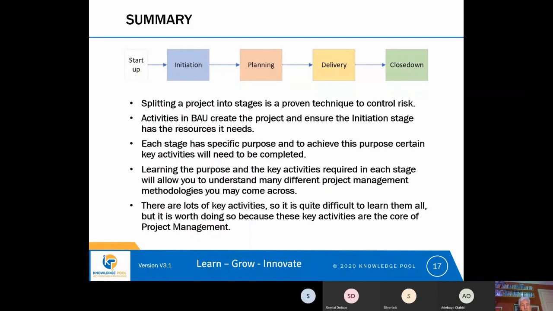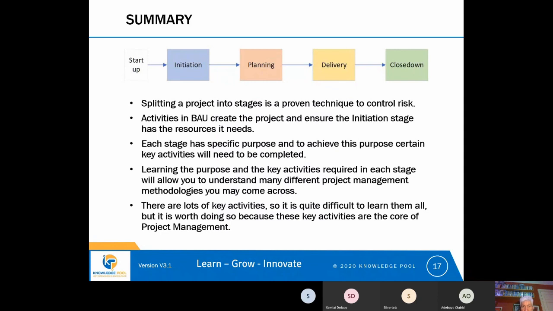It's usually in startup where an initial business case is created and a project manager is assigned, and possibly a lead business analyst, and some resources are assigned to get the project started, because the project can't do anything until there are people to work on it.